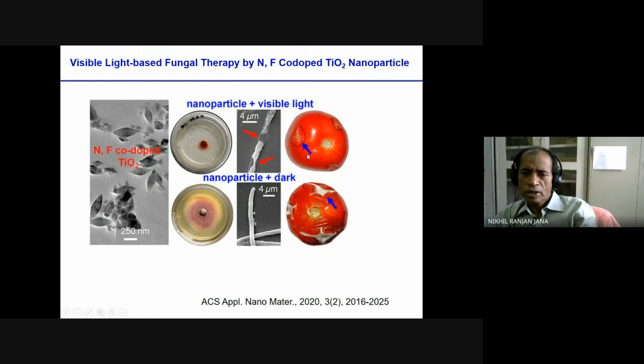Here it is shown on tomato where the fungus is there, and when exposed to visible light, the fungus is killed in the presence of sunlight, because these nanoparticles can capture visible light and generate reactive oxygen species.